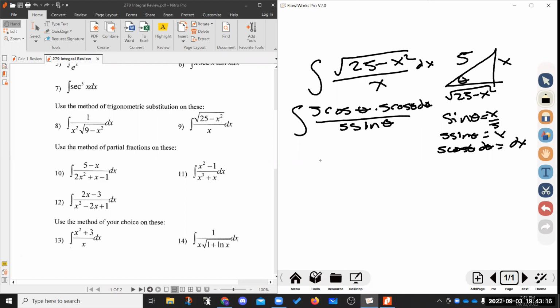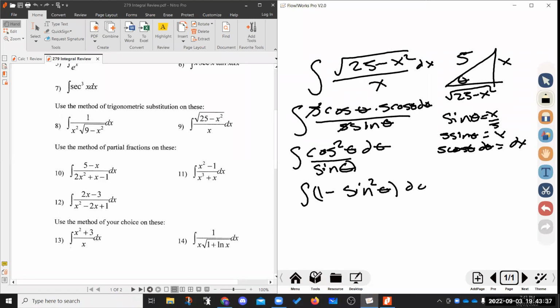So that is going to be, these 5s will cancel, cosine squared theta d theta over sine theta. I'm going to change this into 1 minus sine squared theta d theta over sine theta. It's going to be the integral of cosecant of theta minus sine theta d theta.